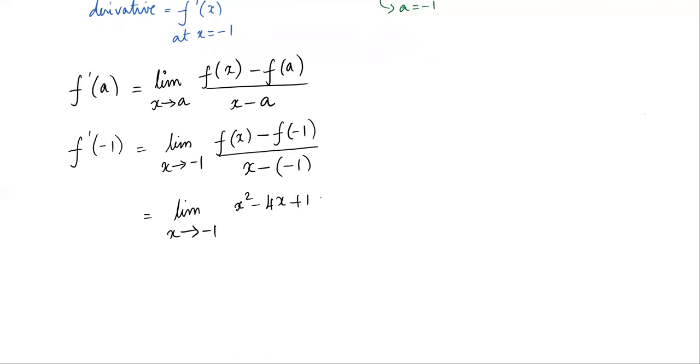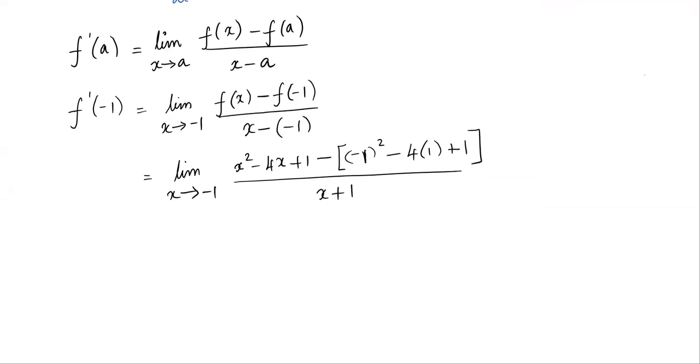This is given to us. Minus, and I want to evaluate that function at -1. So -1 squared minus 4 times -1 plus 1 is what I plug in for x, all over x plus 1. So we have to do a simplification there.